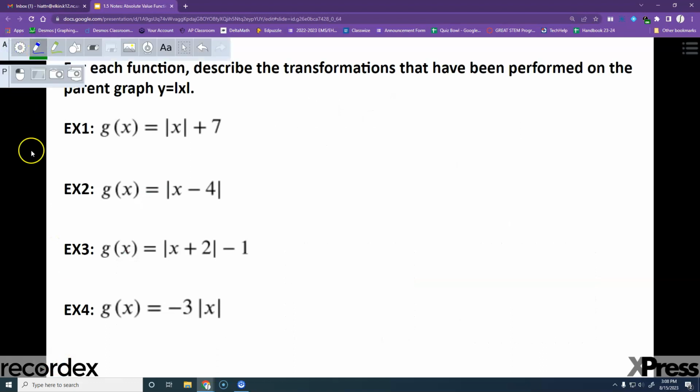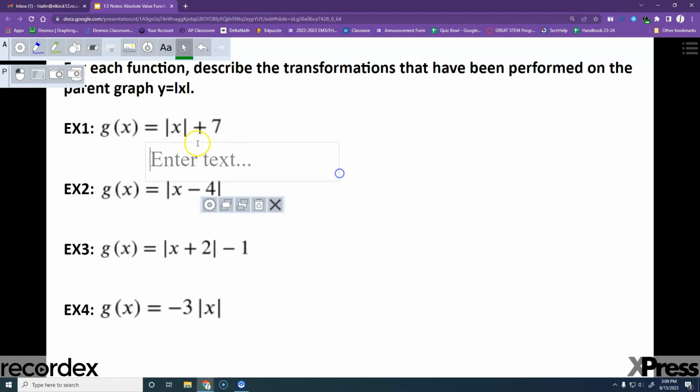Alright, so the first thing that we're going to do is just talk about explaining these transformations. We're not actually going to graph them yet, just sort of explain what's happening. So for each of these, we're supposed to describe the transformations that have been performed on the parent graph y equals the absolute value of x. So if I have the absolute value of x plus 7, the difference between just y equals the absolute value of x and this one is that I've got this plus 7.